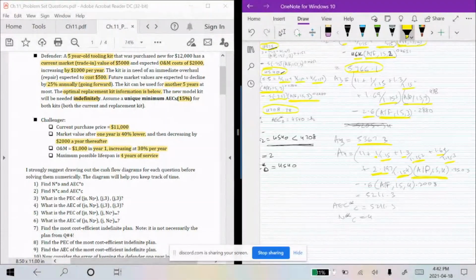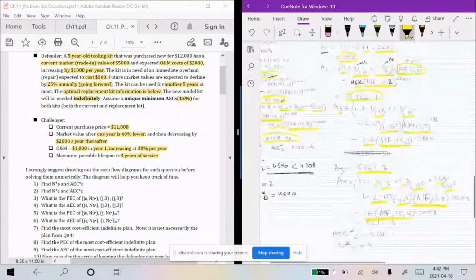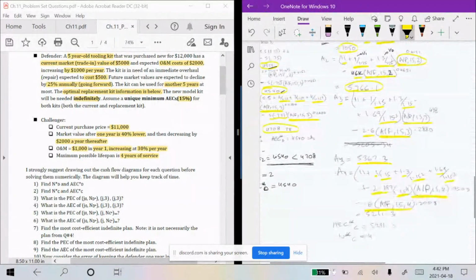Right. So salvage value, I'm annualizing it over the 4 years because this is the entire series. And you get that as 5211. You know that this 5211 is less than all the other A's, right?